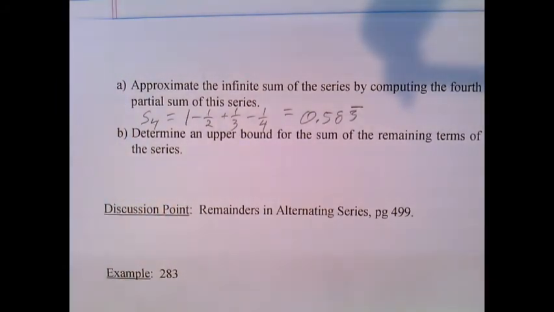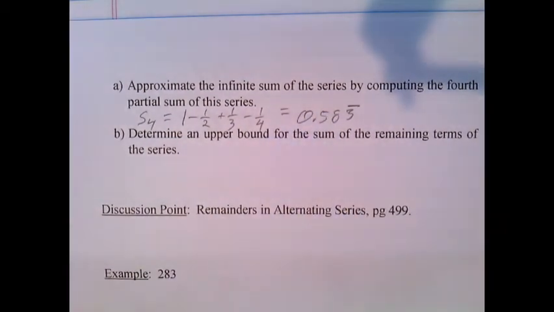However, with alternating series, it turns out to be really easy to get a sense of how far off you might be. Okay. We've talked about this once before, where we used an integral to get an idea of how far off we might be with a partial sum, but it's even easier with alternating series.